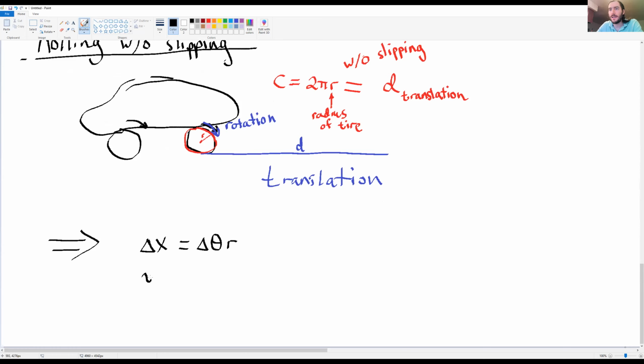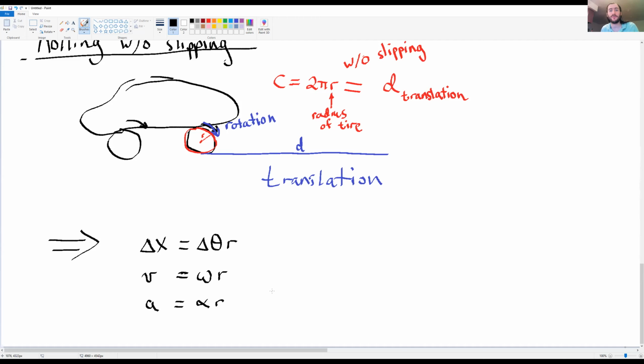And the velocity of translation will be given as the angular velocity of the tire times the radius of the tire. And likewise, the translational acceleration will be given as the angular acceleration times the radius of the tire.